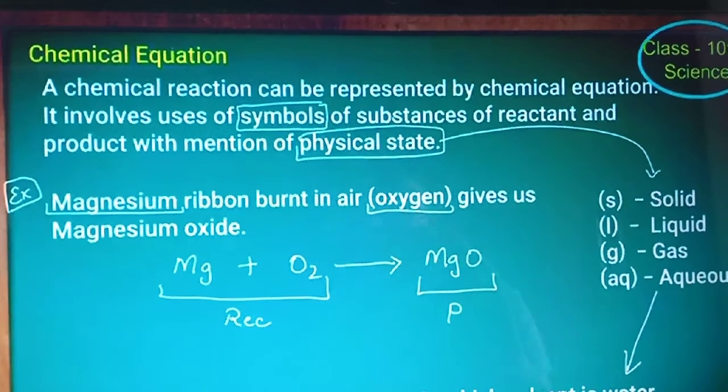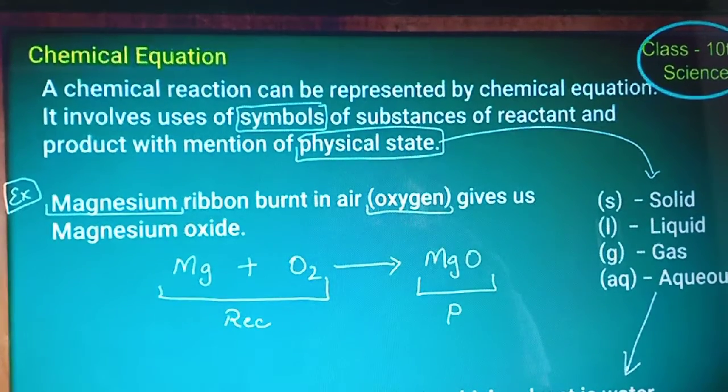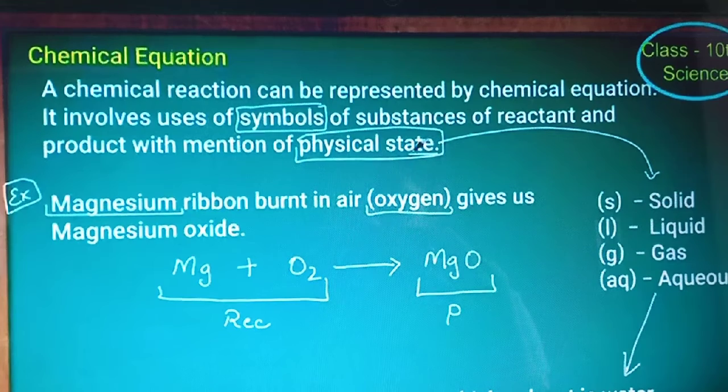Now let's see the physical state. All the physical states depend on the state in which the substance is found.